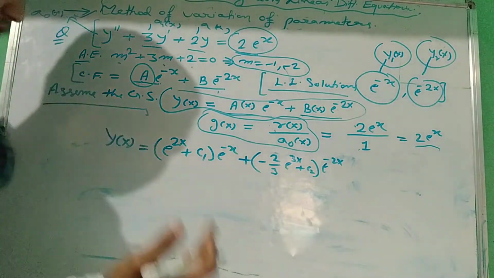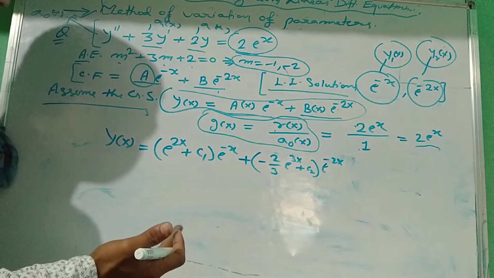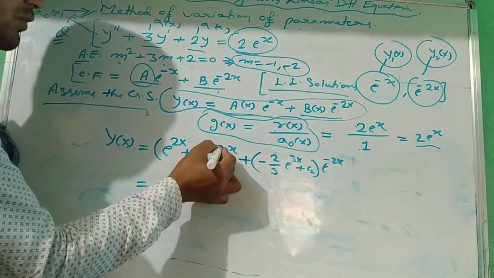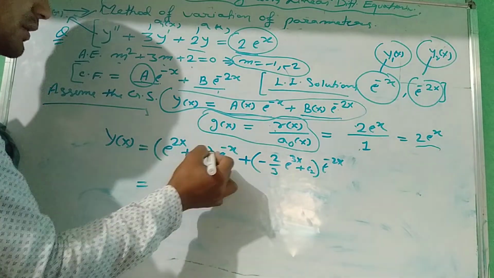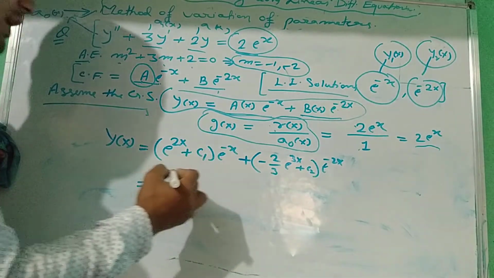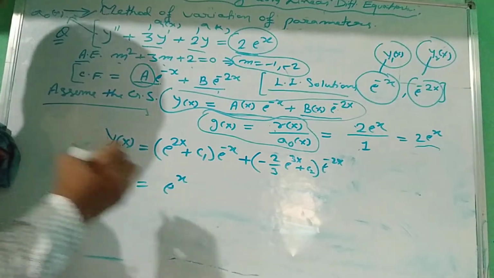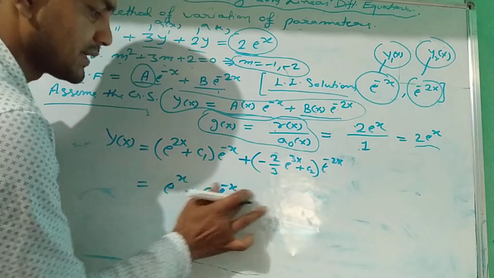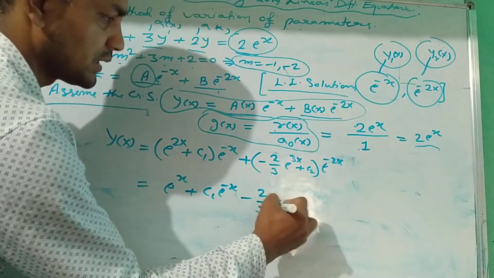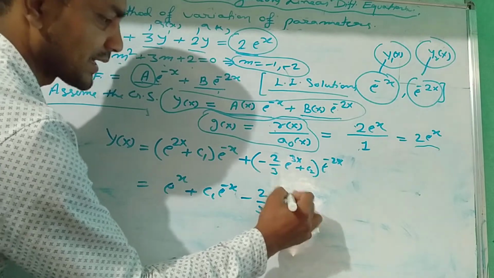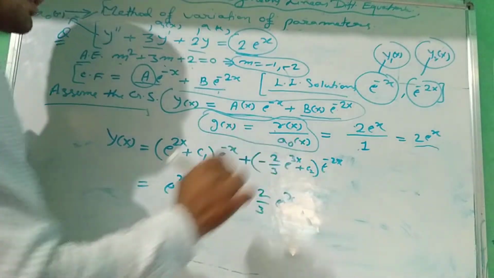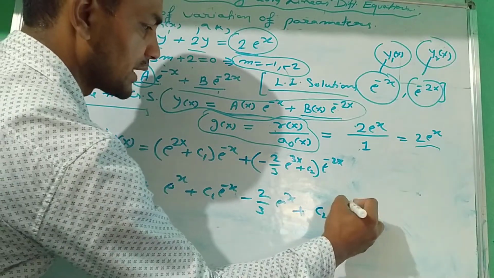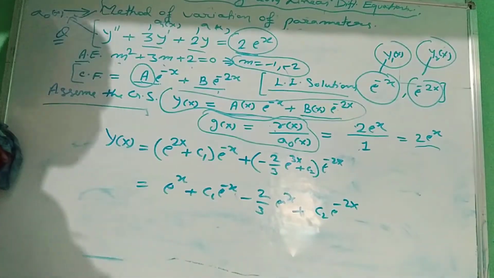We can easily simplify this general solution of the differential equation. When we multiply inside this bracket, then we have e to the power x plus c1 e to the power minus x minus 2 upon 3 e to the power x plus c2 e to the power minus 2x.